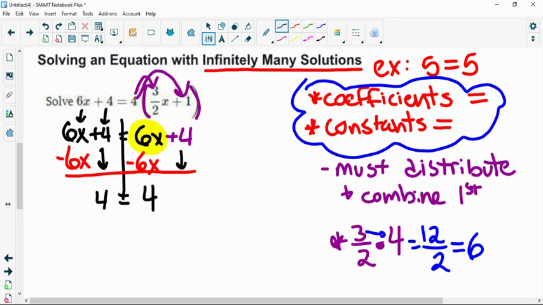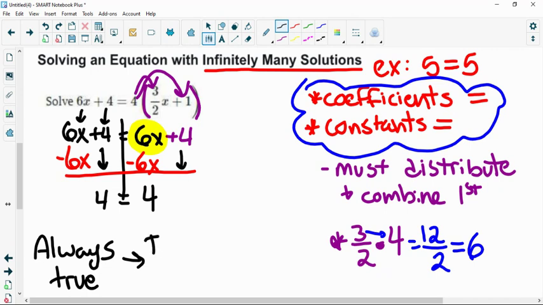Four equals 4 is always true. And because of this, it does not matter what x is. X could be 5, x could be 5,000. No matter what, the left and the right will always be equal to each other.